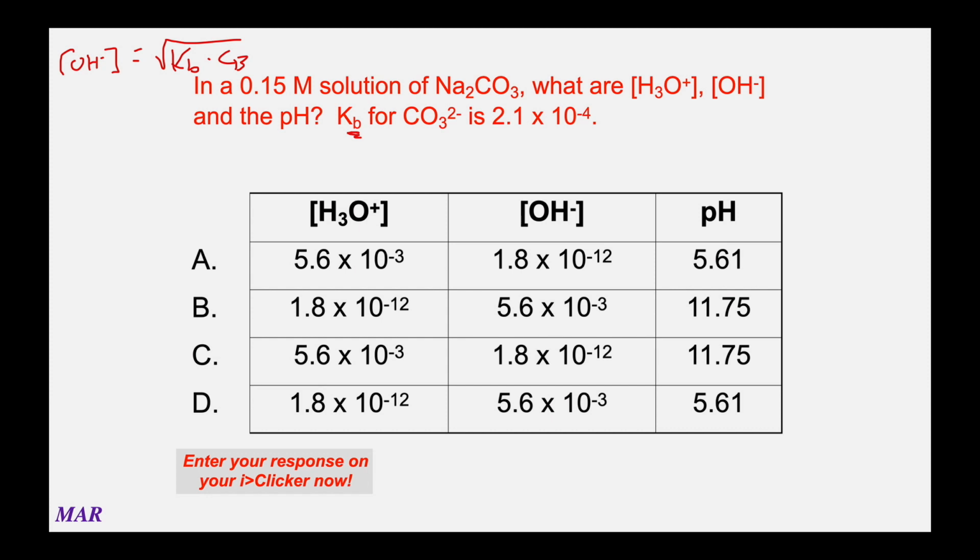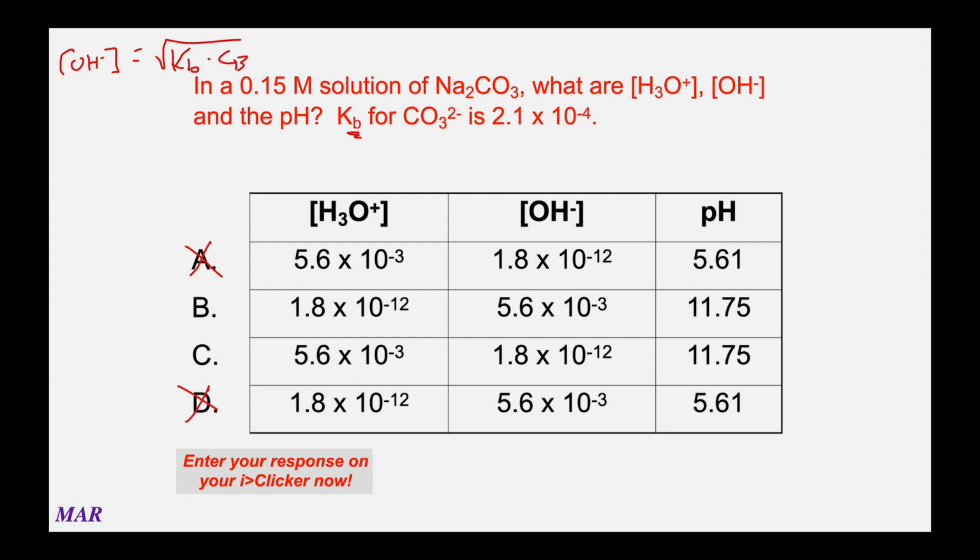If this is a base, the pH is going to have to be greater than 7. There's no way that answer A or answer D is going to fly, because a base has to have a pH larger than 7. So we're automatically going to disqualify A and D. Those would be acidic pHs. That's not going to work.